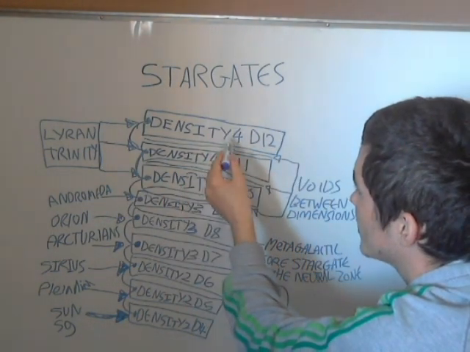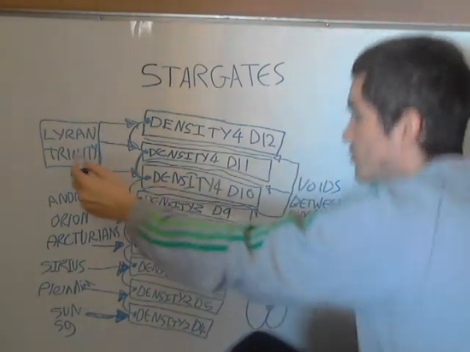D10, D11 and D12 are the Living Council of the Trinity.